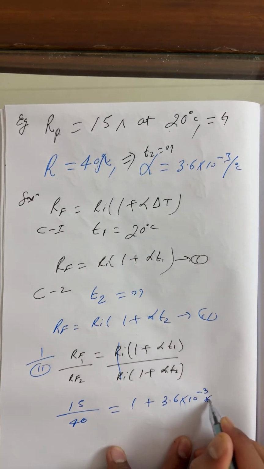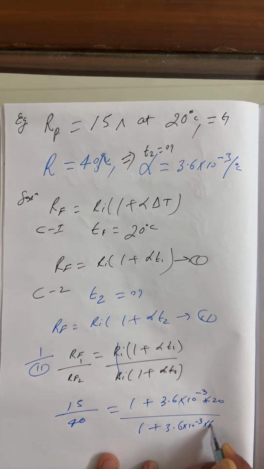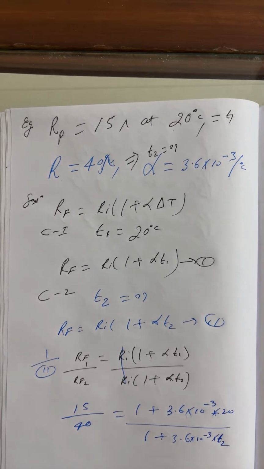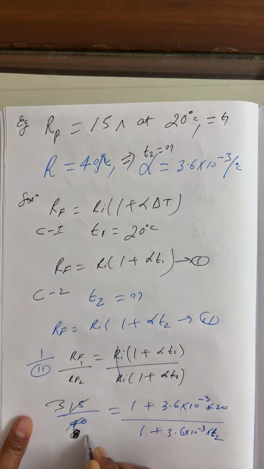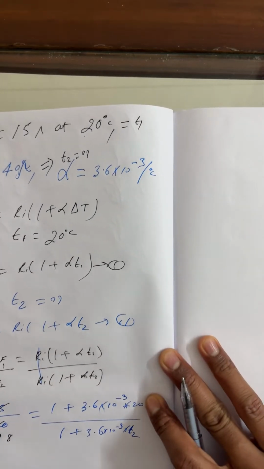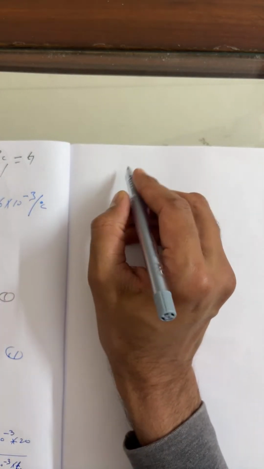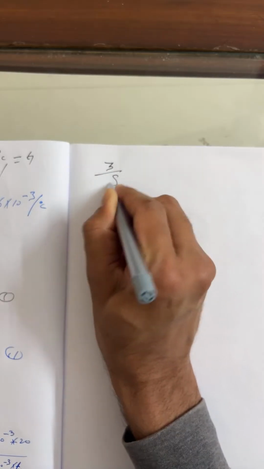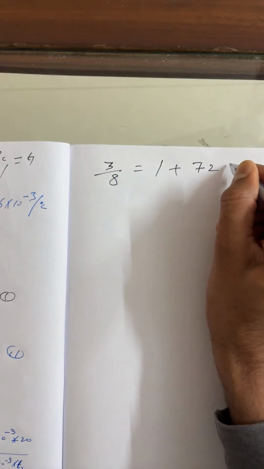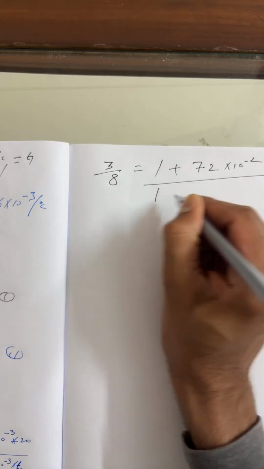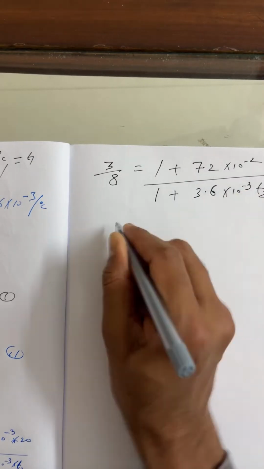So multiply by 20: 1 plus 3.6 into 10 to the power minus 3 into 20 is 1 plus 7.2 into 10 to the power minus 2. So 3 by 8 is equal to (1 plus 7.2 into 10 to the power minus 2) upon (1 plus 3.6 into 10 to the power minus 3 into T2). Now just cross multiply.